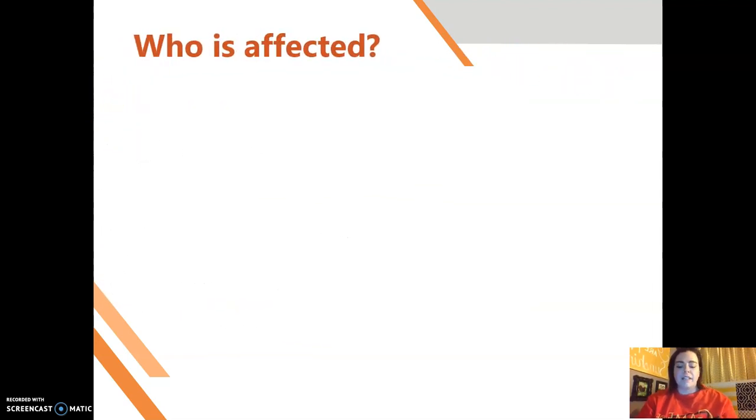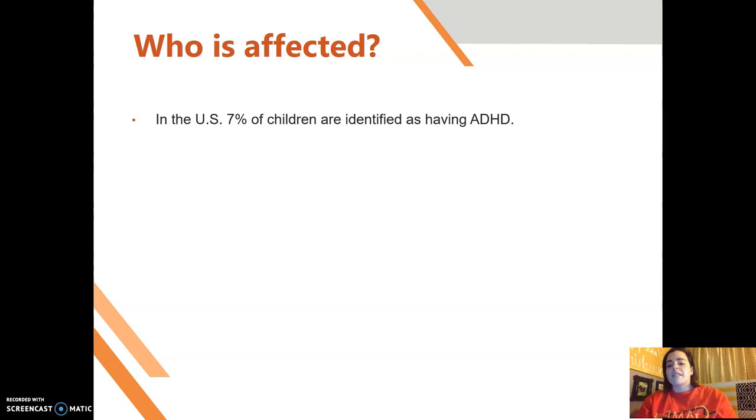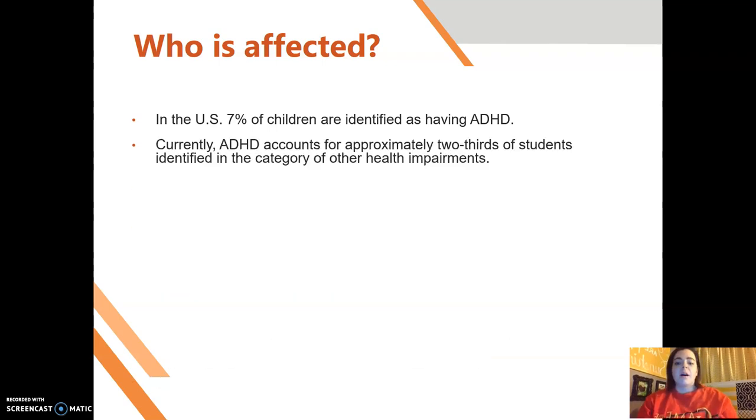So who is affected? In the U.S., 7% of children are identified as having ADHD. Currently, it's approximately 2/3 of students identified in the category of other health impairments.